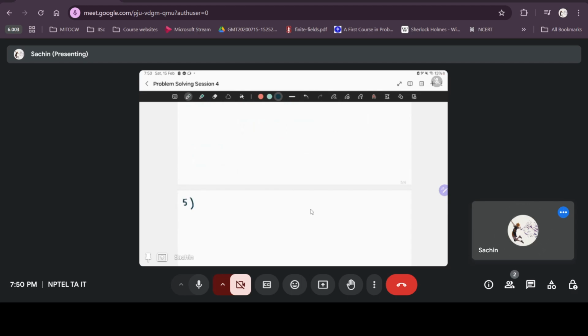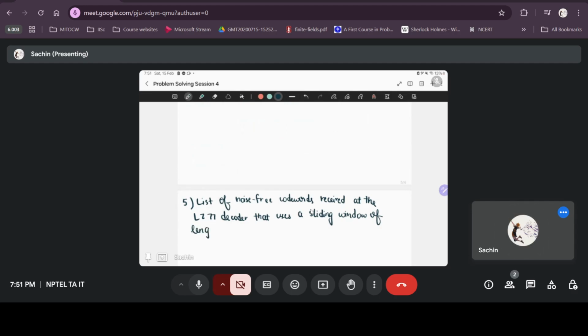Question 5. List of noise-free code words received at the LZ77 decoder that uses a sliding window of length NW equals 12 is given by 1010, 1010, 0001.